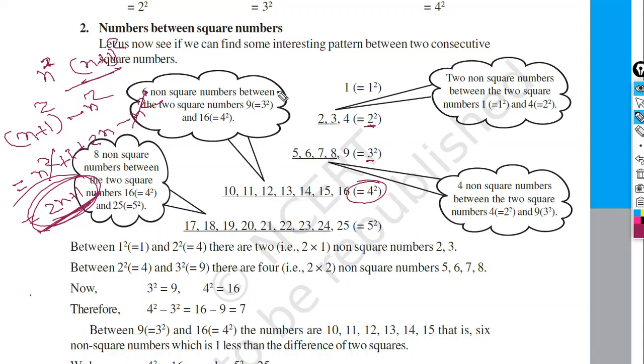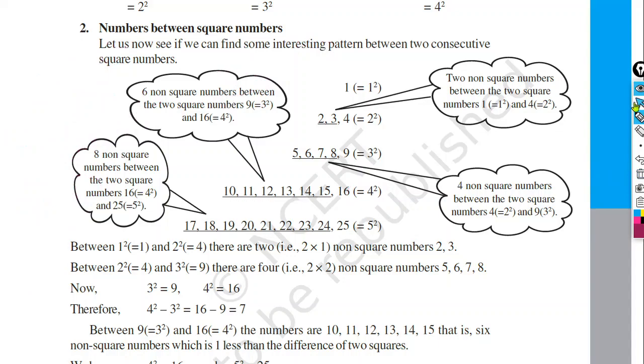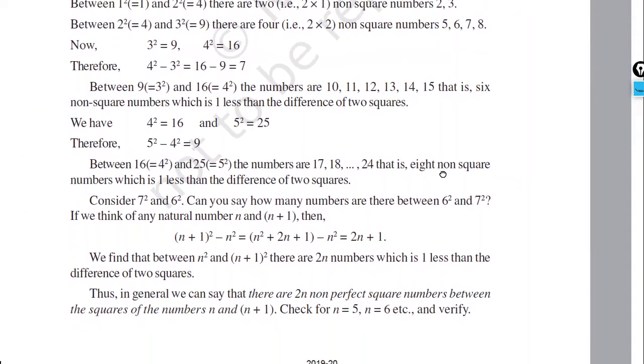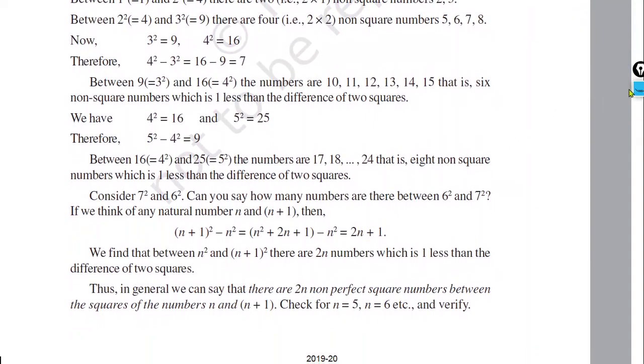If we take the pair as n minus 1 and n, then we have to find n square minus (n minus 1) square. Let's see what is there. We can see the formula becomes 2n plus 1.